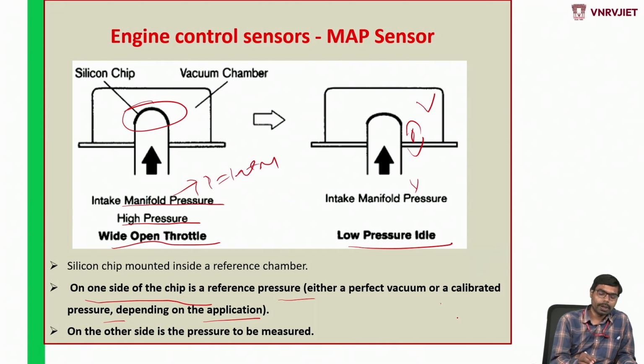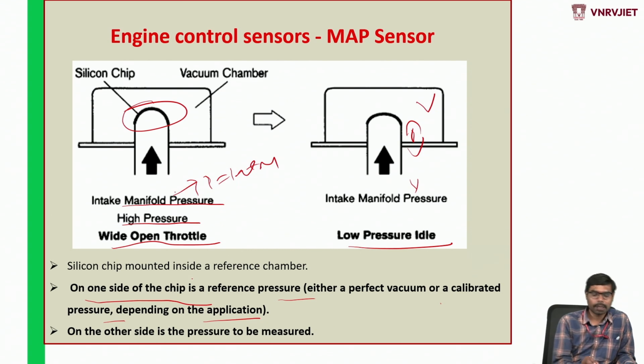But when you are at wide open throttle condition, the pressure inside the manifold is equal to the atmosphere, because the throttle is open 100%, so the pressure inside the manifold and the pressure at outside atmosphere are the same. So the difference between the reference pressure, that is the vacuum chamber pressure, and the atmospheric pressure is very high, so the voltage is also very high.